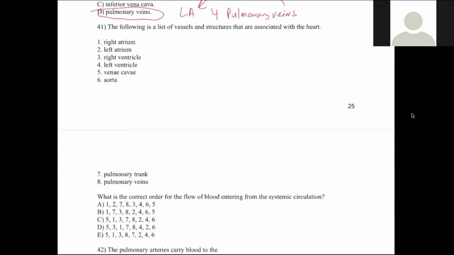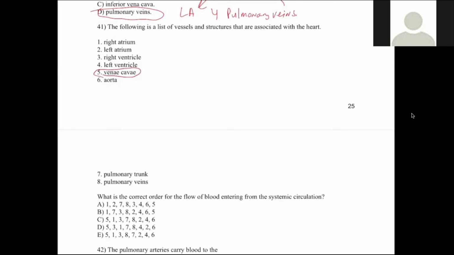Which is the correct order of the flow of the blood entering the systemic circulation? Atrium, then vena cava. Number 5 is vena cava.